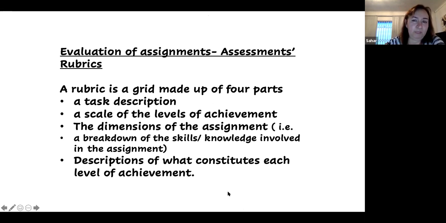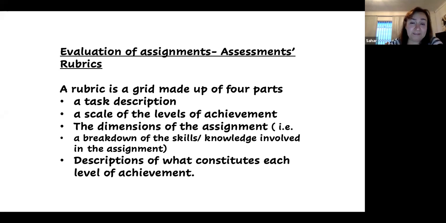So when I give a mini thesis to my students, I always provide a rubric. And in that rubric, I show them what is expected to go into the introduction, the material and method, the results and the discussion, and how I judge them. What is considered good performance, good writing, what is considered average, and what's considered below average writing.